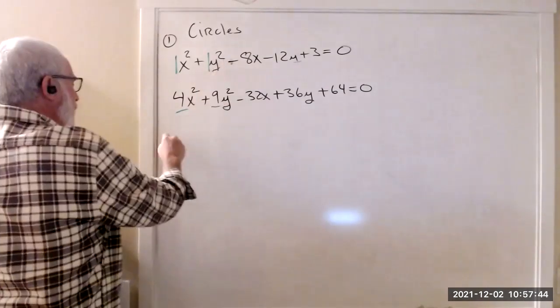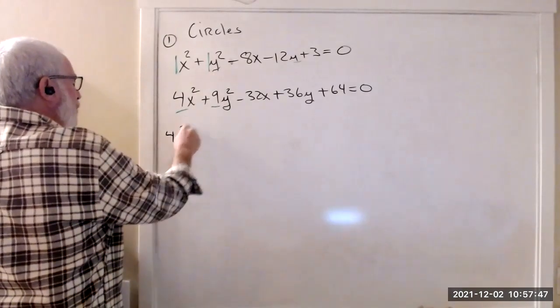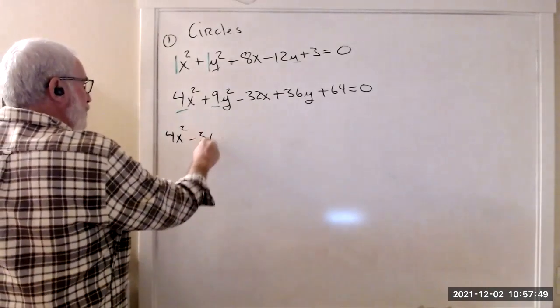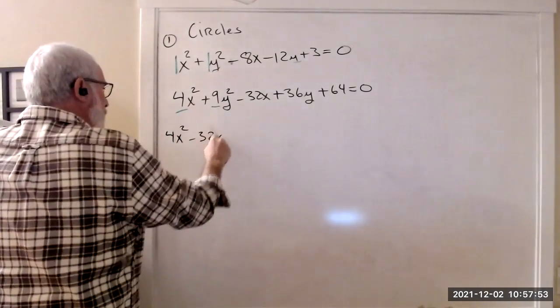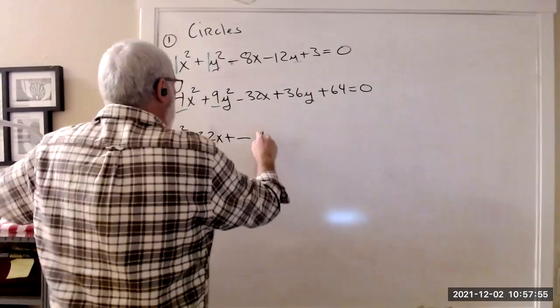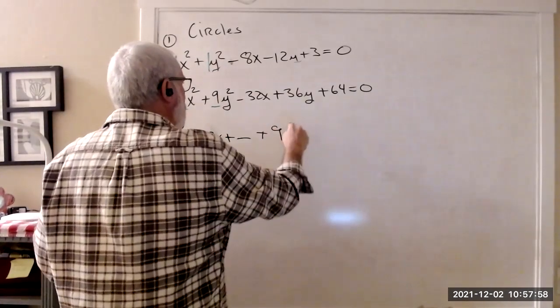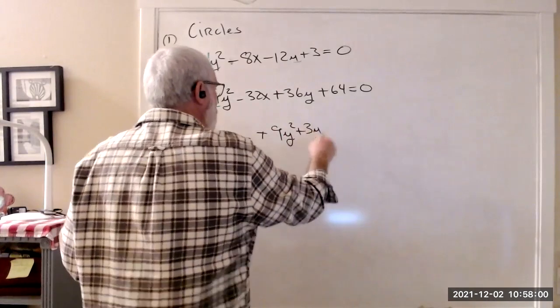The first thing we do, again, is rearrange it. So we have the x squareds with the x squareds, and the y squareds with the y's.